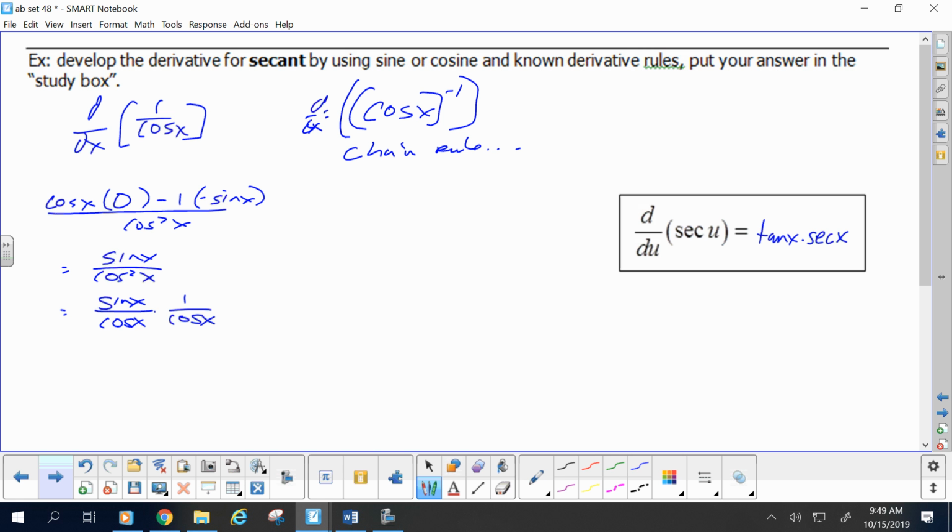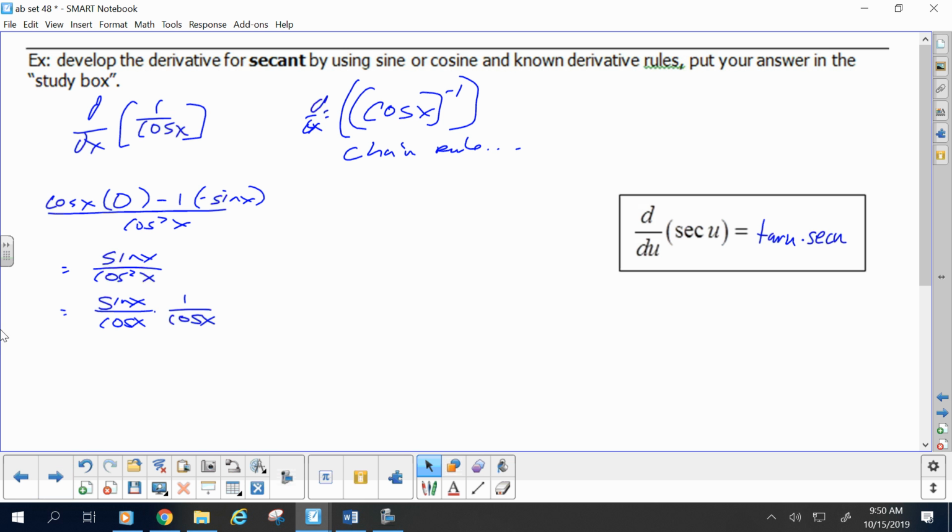Over here I should have used u. Is it negative? It is not negative because it's minus a negative. Okay, so the derivative of secant is tangent secant, or secant tangent. It's more common to write it secant tangent, honestly. Okay? Derivative of secant is secant tangent. All right, and the last one, did you get it done?